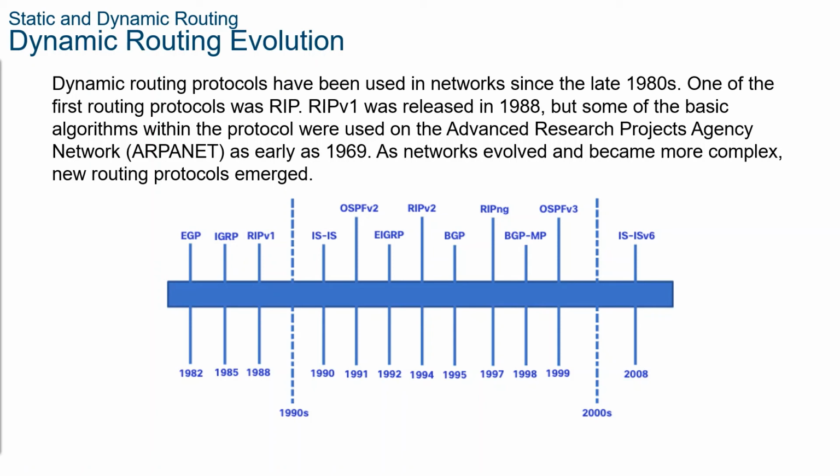BGP is also known as the exterior gateway protocol. When we say BGP, it's either EBGP or IBGP, wherein BGP is popularly known as EBGP. And we have OSPF version 3 in 1999, and then in 2008, you've got IS-IS version 6.